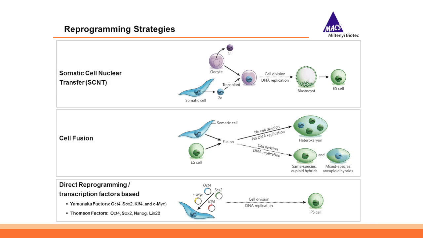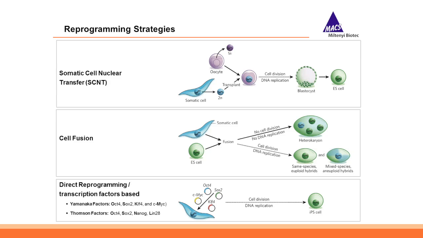He performed nuclear transfer from differentiated intestinal cells into amphibian oocytes, which leads to cloning of frogs. They showed that all genes needed to make an organism are present in a specialized cell.